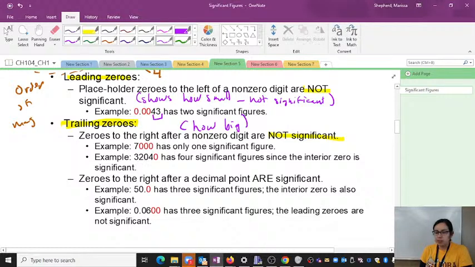This is a captive zero, so that's significant. And then this last zero is just showing how big that number is, so it is not significant. Does that make sense? Again, I'll highlight any zeros showing how big or small: not significant.